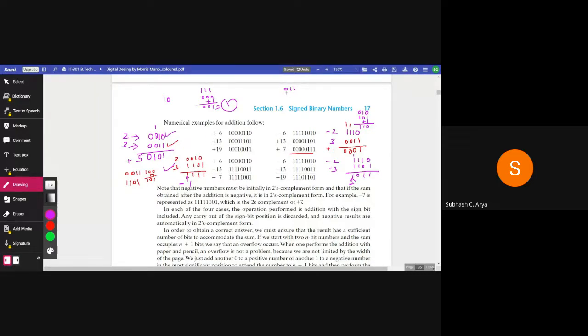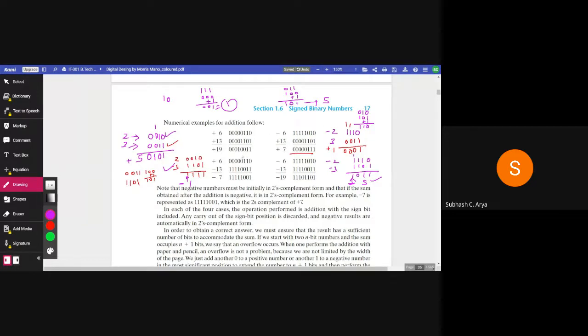So the 1's complement will be 1, 0, 0, and then add 1. So it will be 1, 0, 1. And what is this 1, 0, 1 magnitude? This is 5. So we can write here minus 5. And we know from our general knowledge that minus 2 plus minus 3 will be minus 5. Okay?